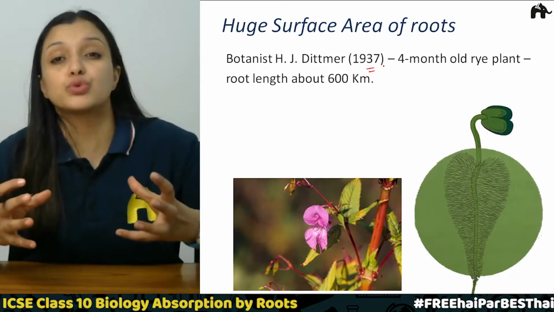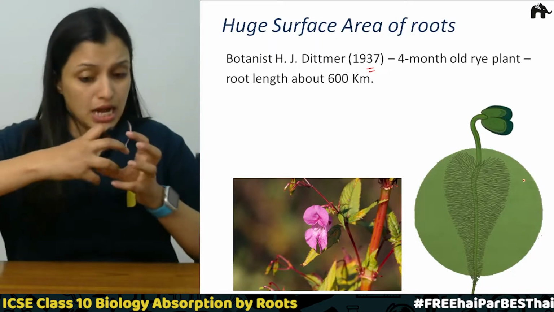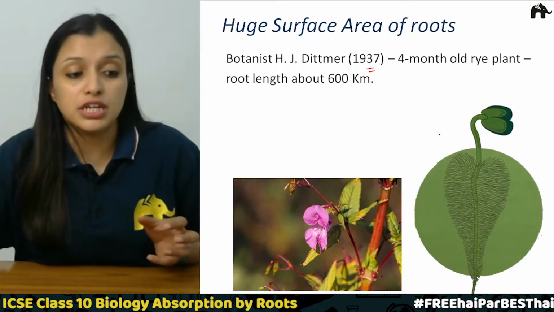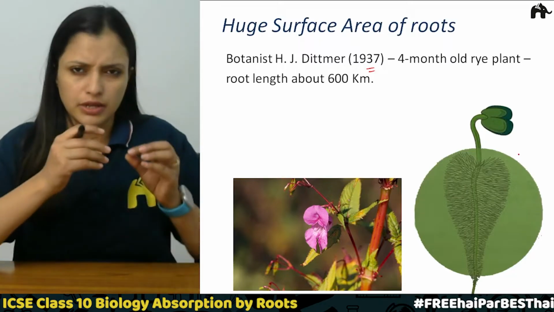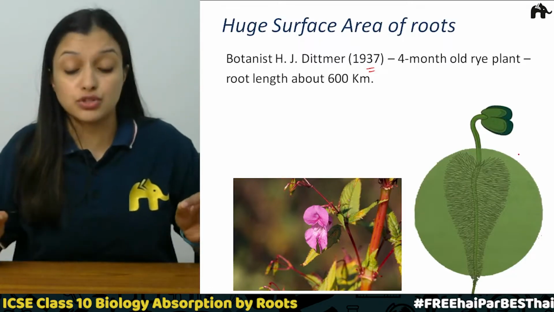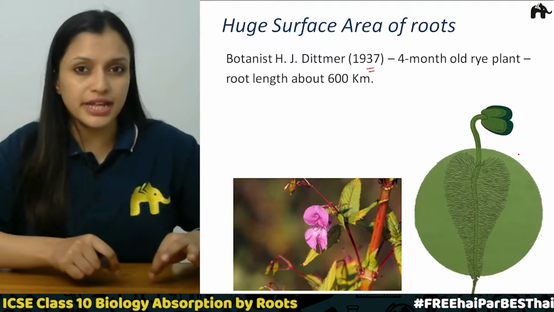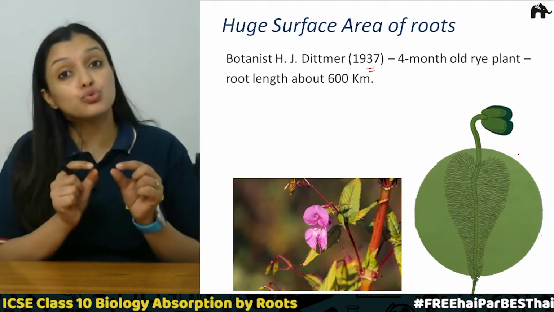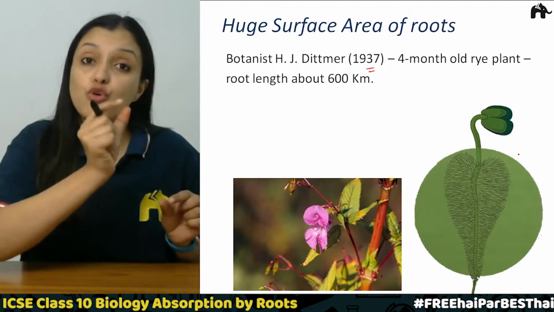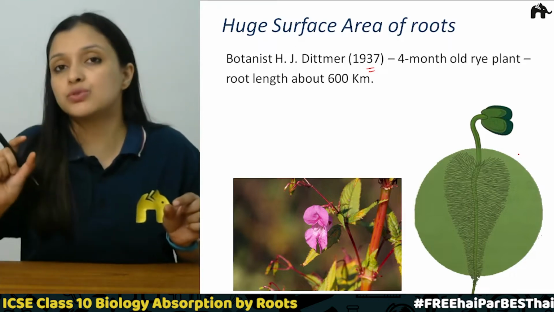They are called root hairs, right? So it was something like this. When he uprooted that plant, he found out the root system to be something like this. There were small thread-like structures, and when he laid these root hairs end to end, he got to know that the root length of this 4-month-old rye plant was about 600 kilometers.